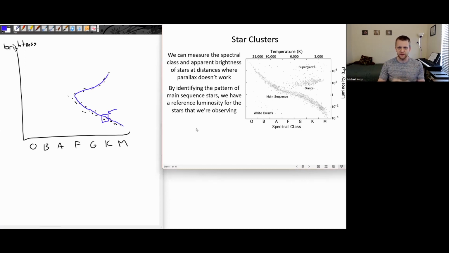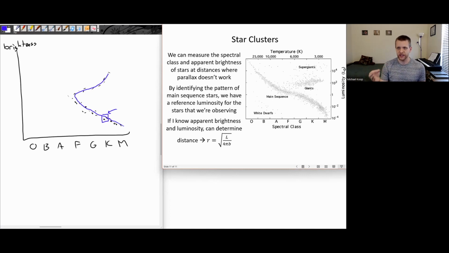So if I can identify this pattern of main sequence stars, we have a reference luminosity for identifying the luminosity of the star that we're observing. And if I know the luminosity and I know the apparent brightness, I can use that to figure out the distance to this particular star cluster.